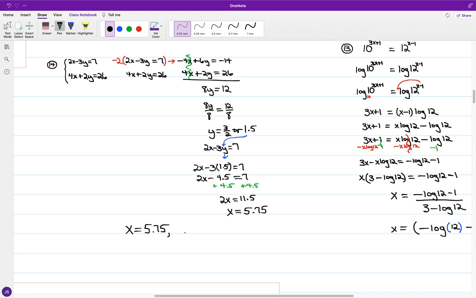I have x equal to 5.75 and y equal to 1.5. Again, you can write this as an ordered pair solution: x at 5.75 and y at 1.5.